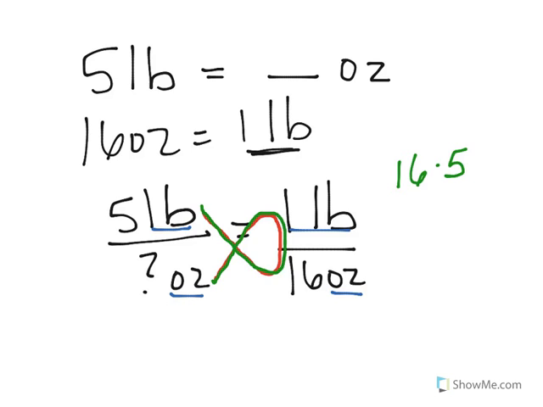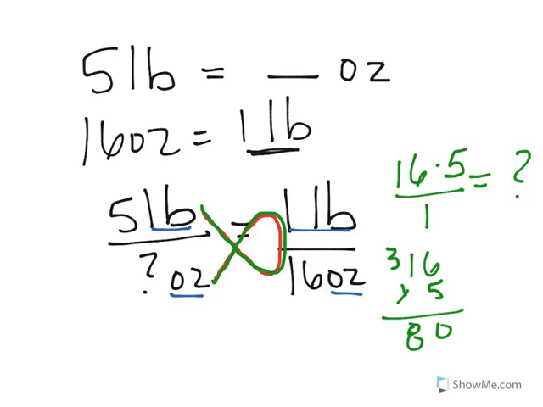So I'm going to do 16 times 5. 6 times 5 is 30, carry the 3. 5 times 1 is 5, plus 3 is 8. So 16 times 5 is 80, and 80 divided by 1 is 80. So now I know that 5 pounds equals 80 ounces.